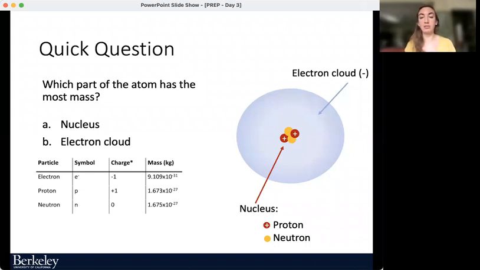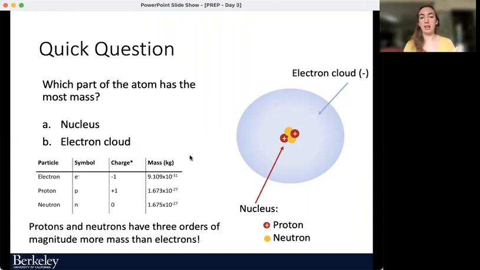So even though the electron cloud is much bigger and takes up much more space, it's made up of tiny electrons, which don't weigh anything, and they're just really spread out and moving around. The nucleus is much smaller, but it weighs a lot more. So the answer is that the electron basically weighs nothing, and therefore most of the mass is in the nucleus.